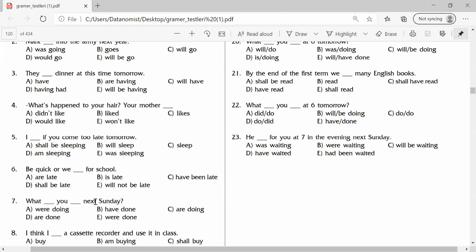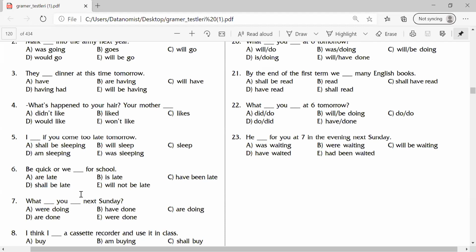Look at the seventh one. What dash you next Sunday? Please give me the answer for that. It's a question. And you say, please check.